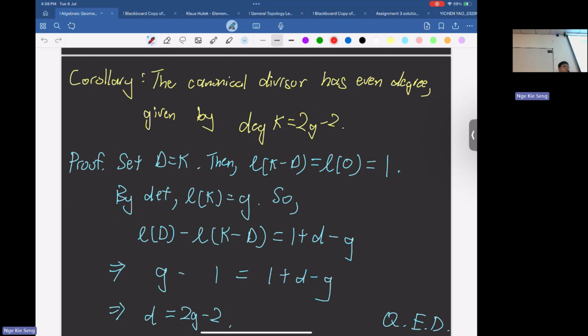Anyone familiar with 2g minus 2 here? Maybe something about Euler characteristic. Okay, so something on the Euler characteristic. Maybe next time we will see 2g.